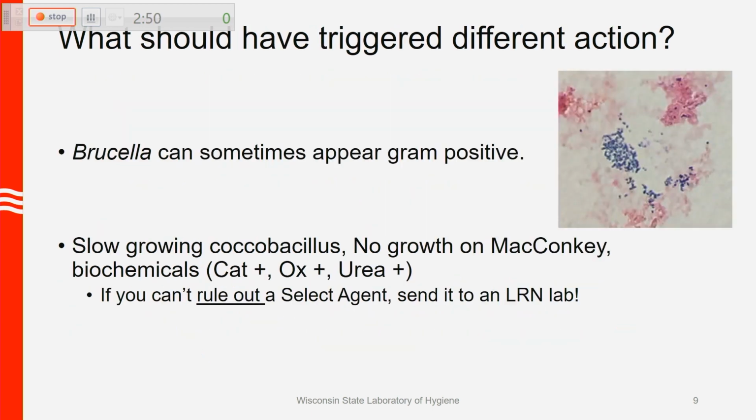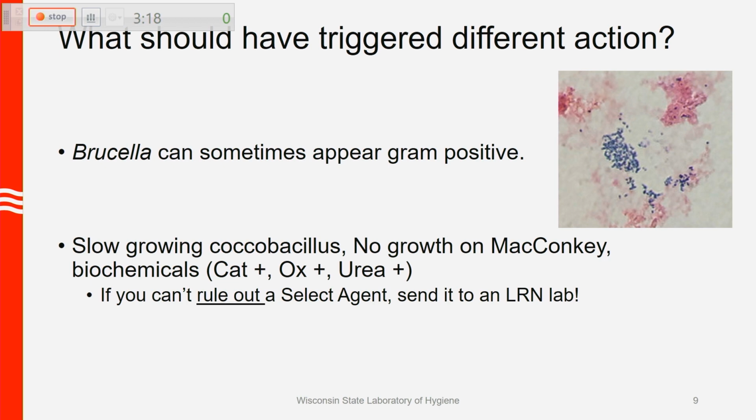So what else could have triggered different action along the way to help her down a different path? Now, we said early on that this was a tiny gram-positive, but we've heard from case reports here at the WCLN conferences and journal reports, Brucella can sometimes appear gram-positive. This is an image in a publication of a gram-positive Brucella, and that should not alone rule out Brucella for you as you're going through your workup process.